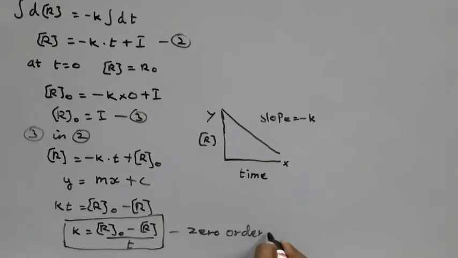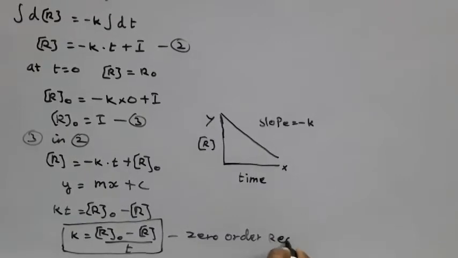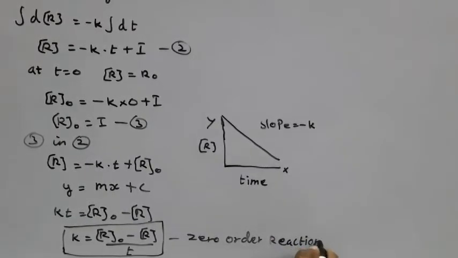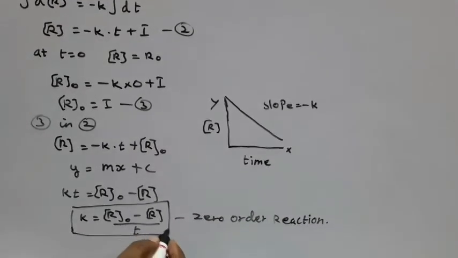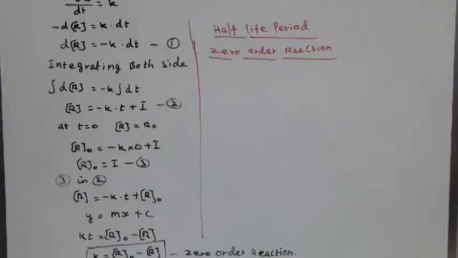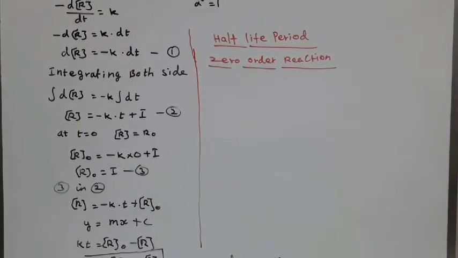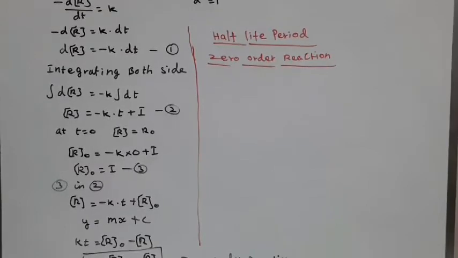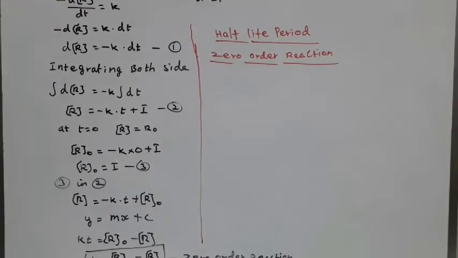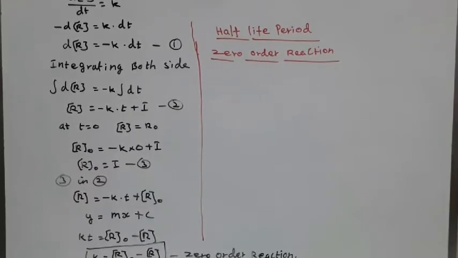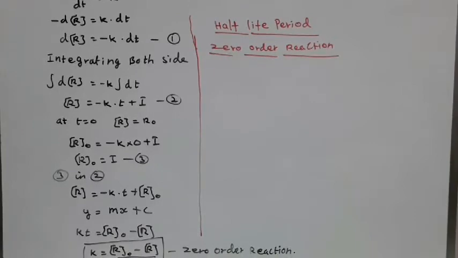That was the rate equation for the zero order reaction. After that, the half-life for the zero order reaction. Now, the half-life period of zero order reactions, t half. What do we mean by half-life period? It is the time in which the concentration of reactant is reduced to 1/2 of its initial concentration.